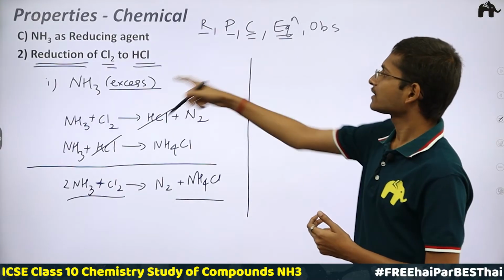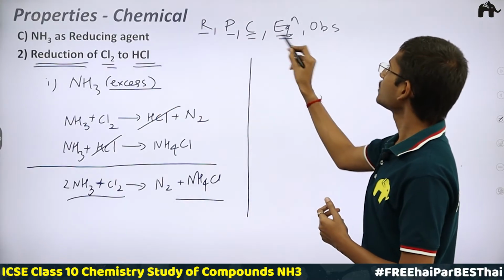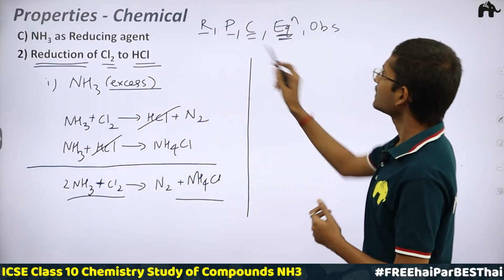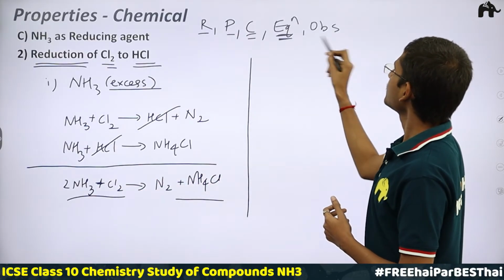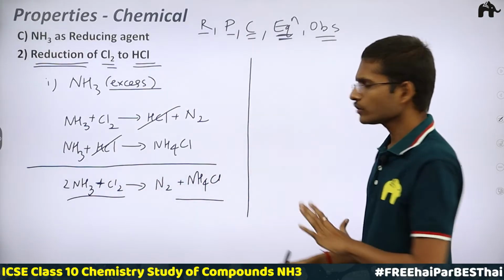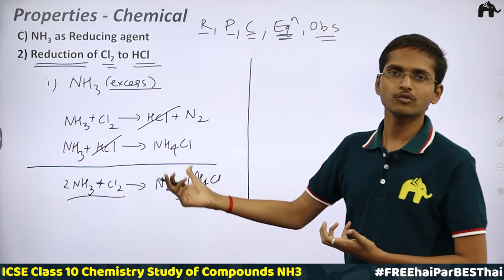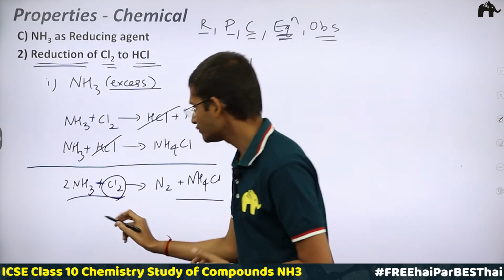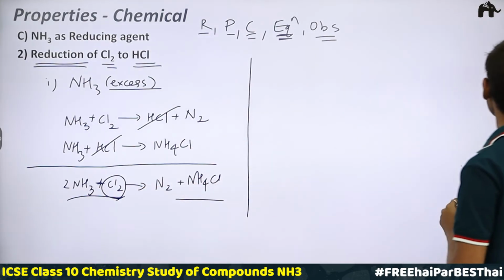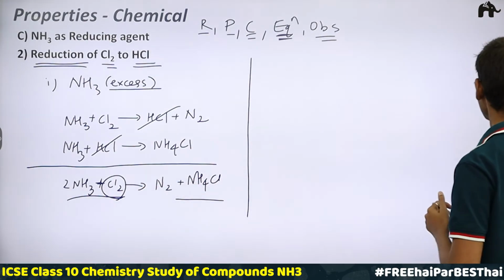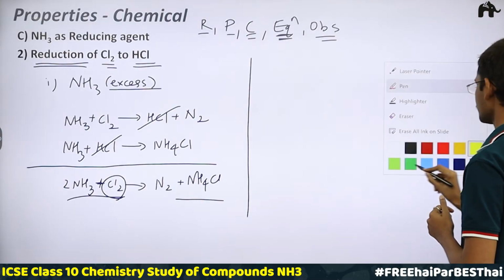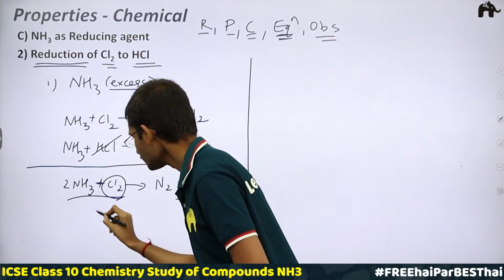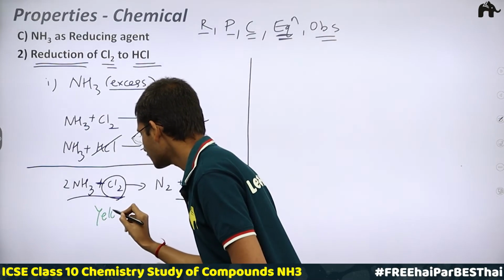The condition is that ammonia is in excess. The equation I have told you to balance. So all 4 things we have done, and then coming to observation. In observation, whatever you would observe, that you have to write. In this reaction you can see chlorine gas is reacting with ammonia, and we know that chlorine gas color is yellowish green.